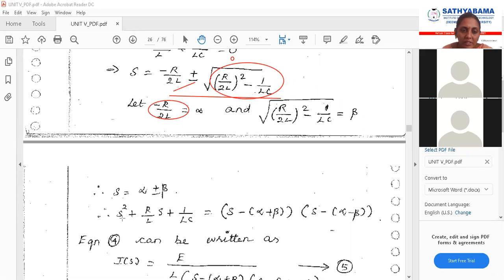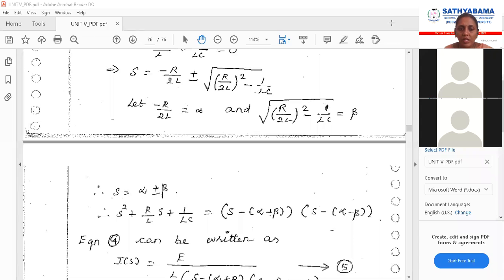So the equation reduces to s equal to alpha plus or minus beta. This is a quadratic equation and it consists of two roots: the first root is alpha plus beta, the second root is alpha minus beta. So I can write it as s minus (alpha plus beta) and s minus (alpha minus beta).